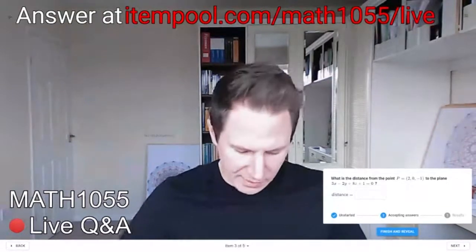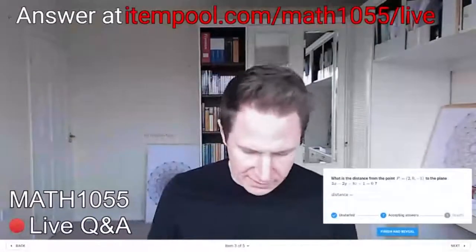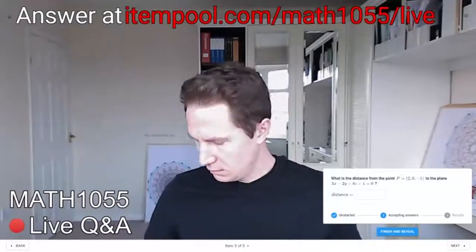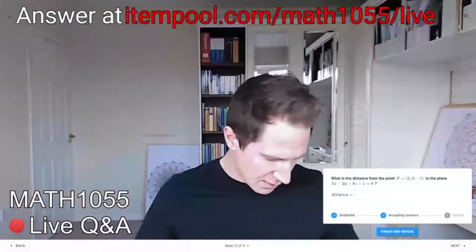We are looking for the distance from the point to this plane. Okay, so this is something that you have to think about first and then do some calculations.